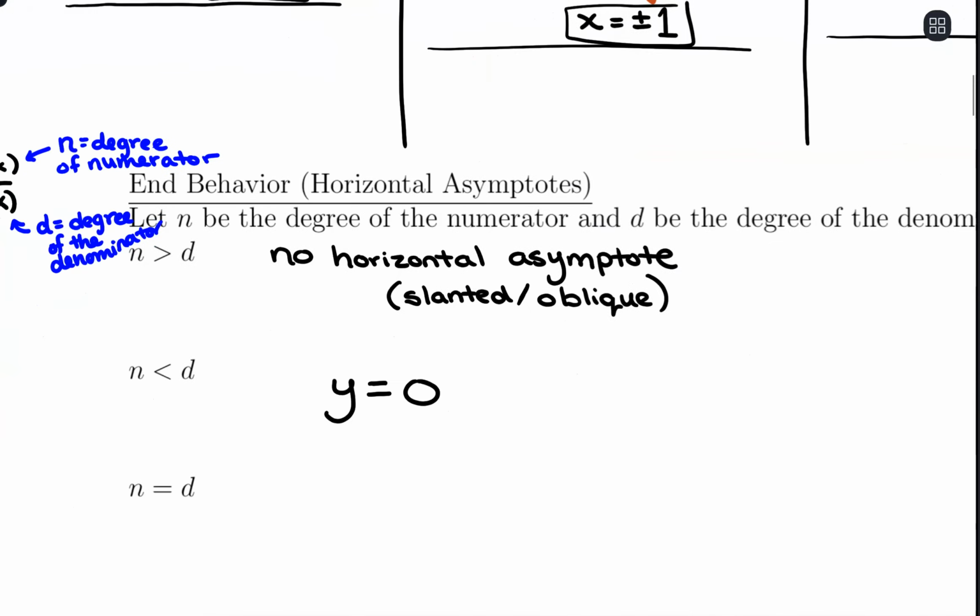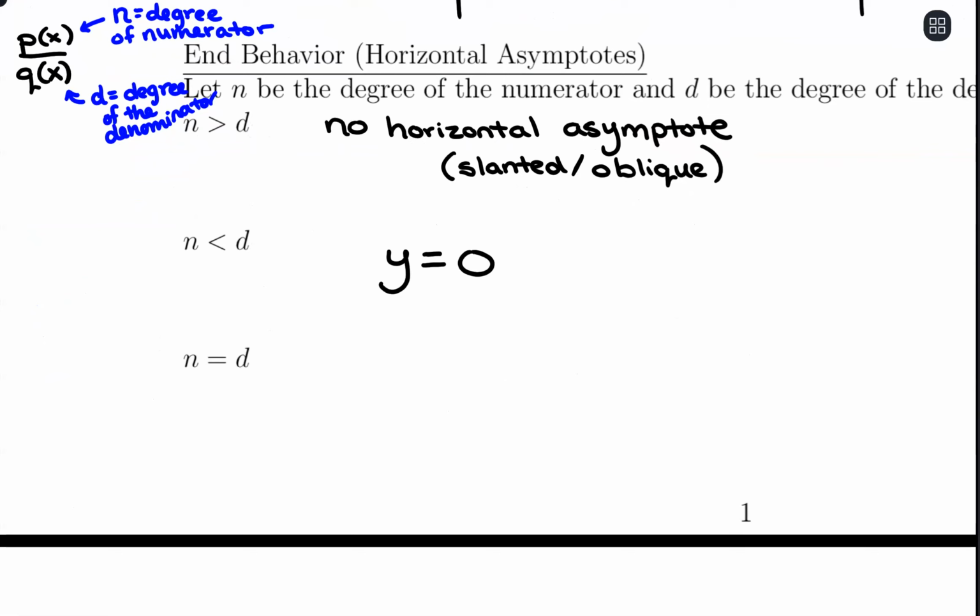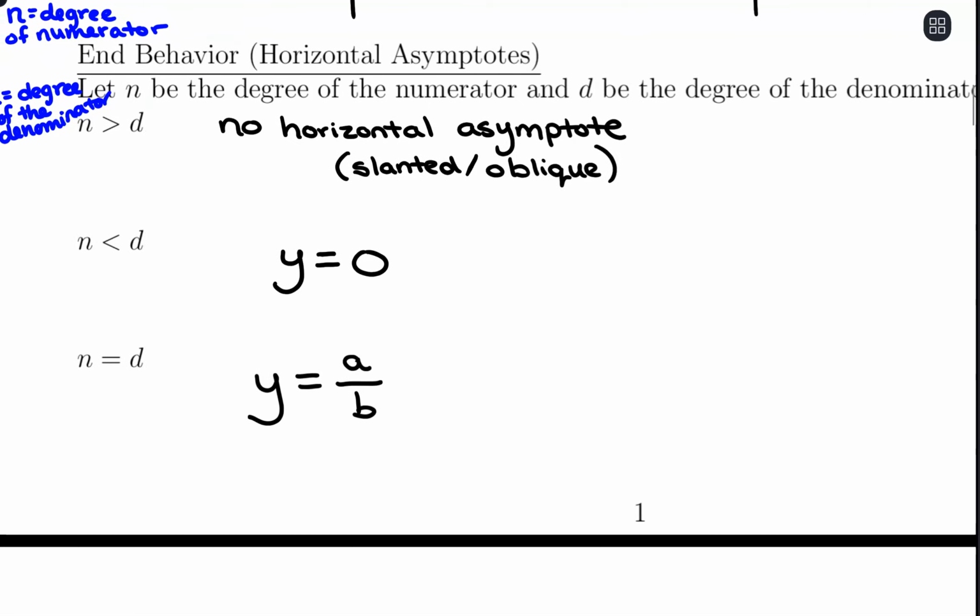So we already saw some of those cases, and now the last one: when the degrees are the same. For notation, I'm going to describe it as a horizontal line, y equals a over b. So where are a and b coming from?